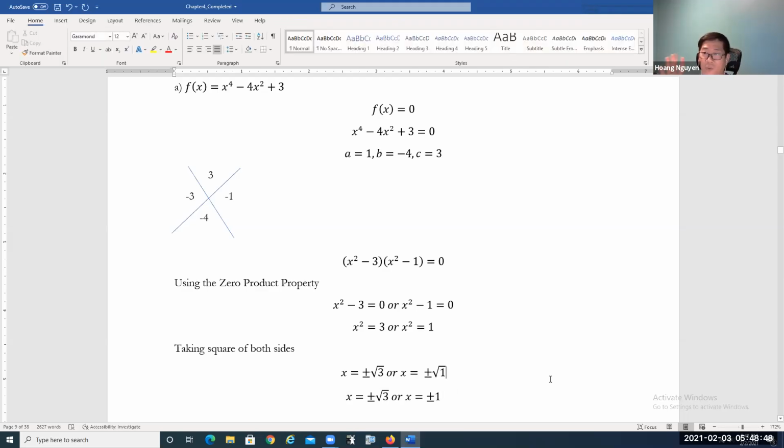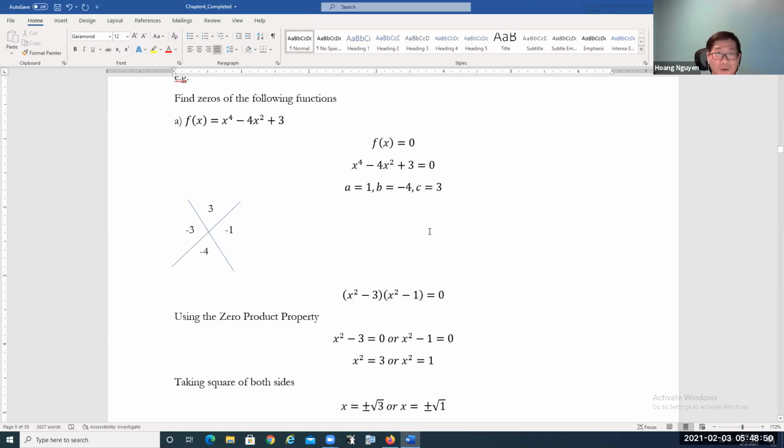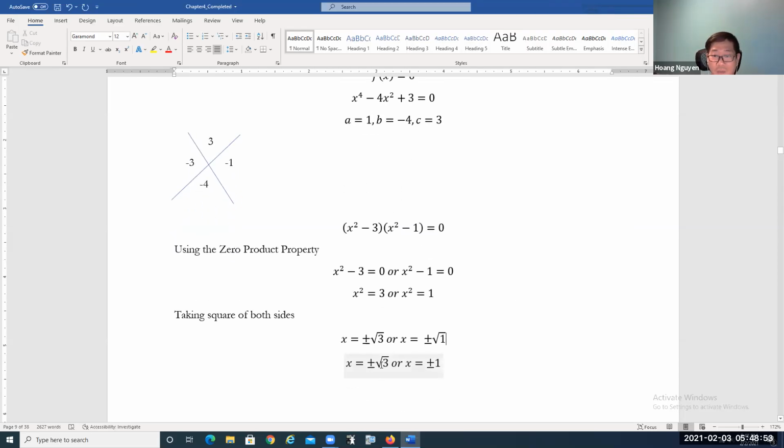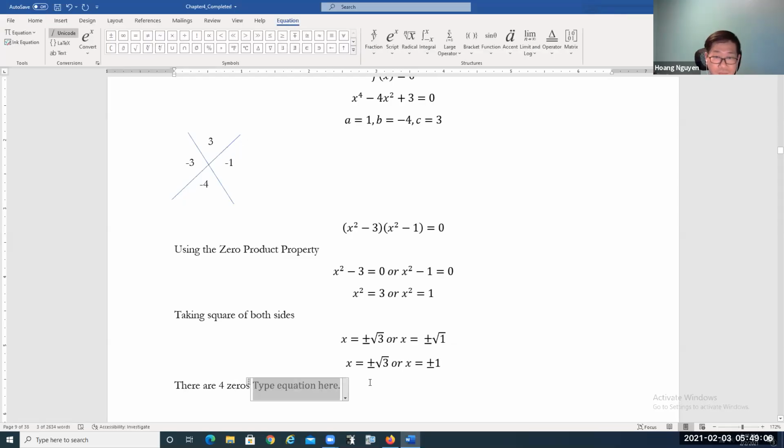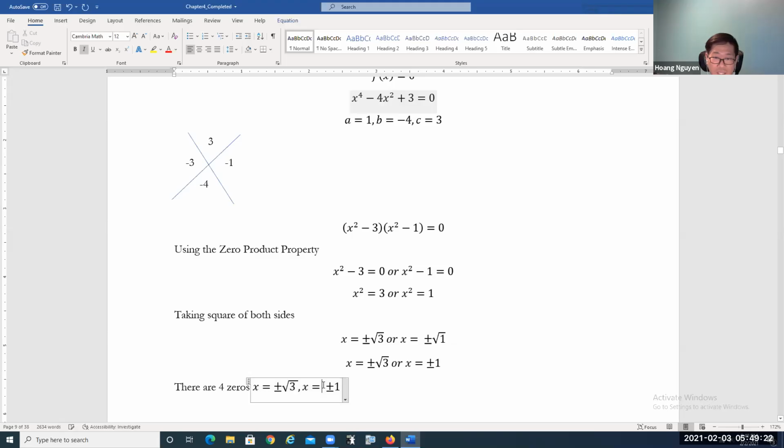So there are 4 zeros for this polynomial: plus or minus square root of 3 and plus or minus 1. So there are 4 zeros right here for this given polynomial function.